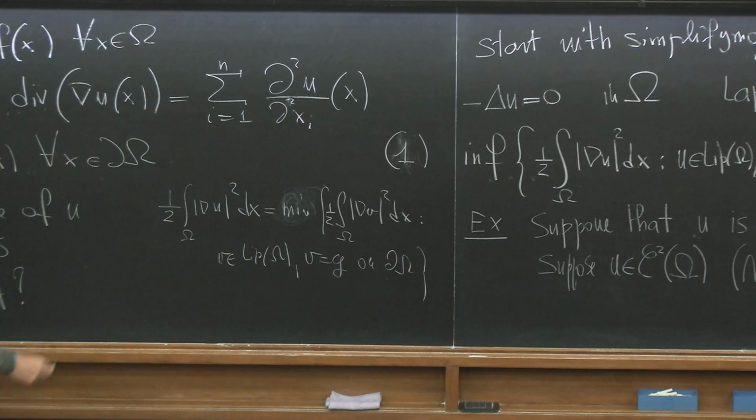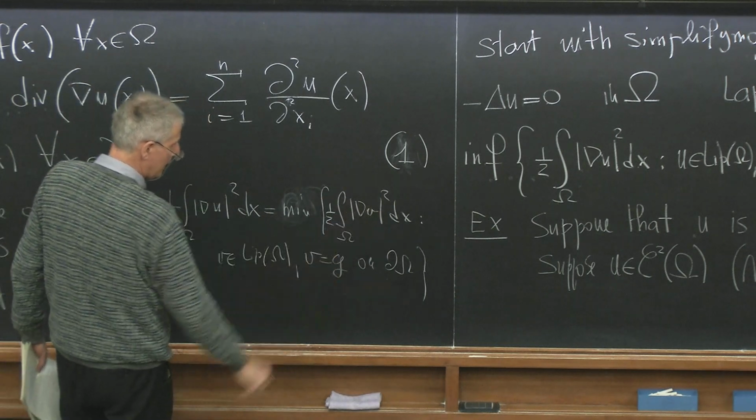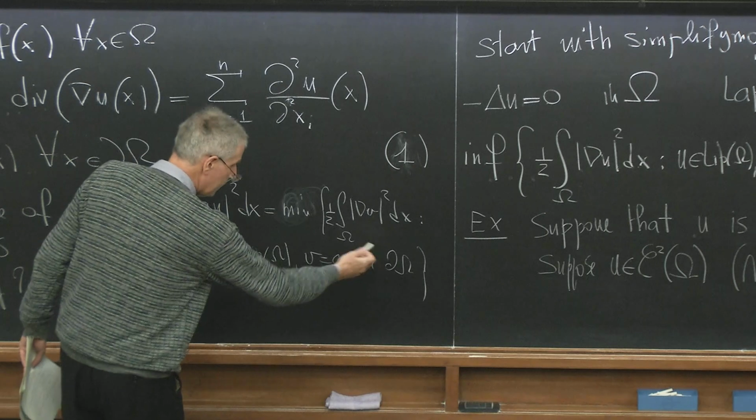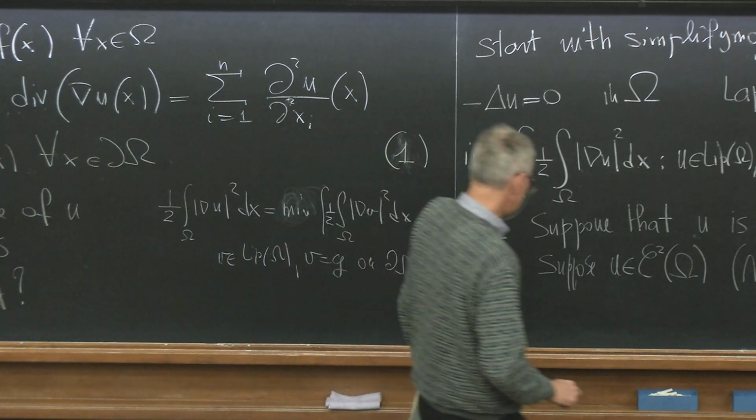So this u as a minimal energy is exactly the minimum of all possible energies of v inside the competitors Lipschitz equal to g on the boundary of omega.